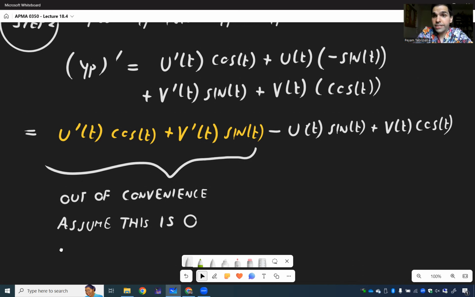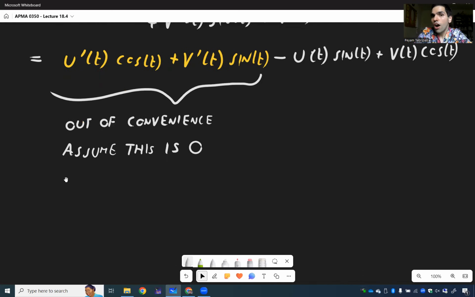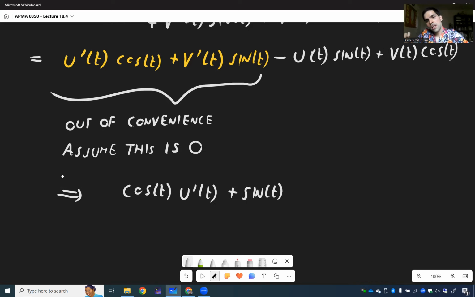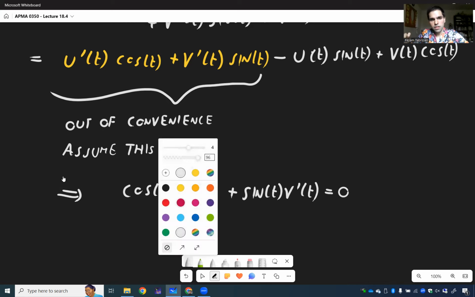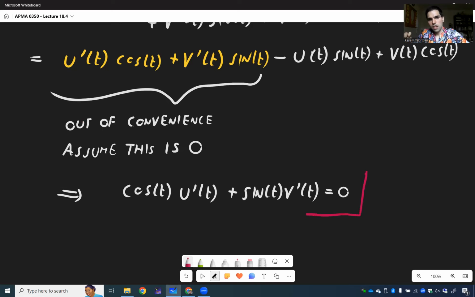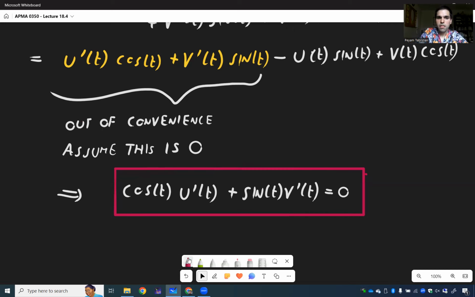And this actually gives us, weirdly enough, our first equation of variation of parameters, because then we get cos t u'(t) plus sin t v'(t) equals 0. That's already our first equation.